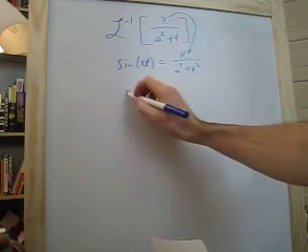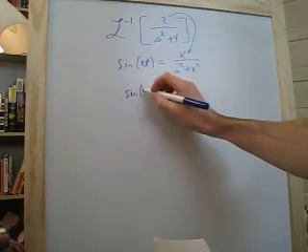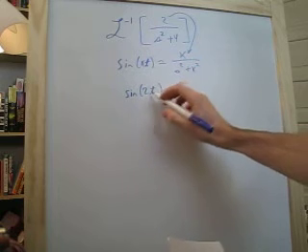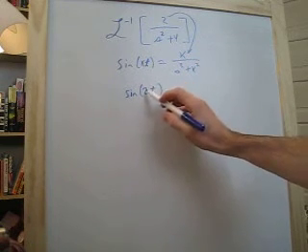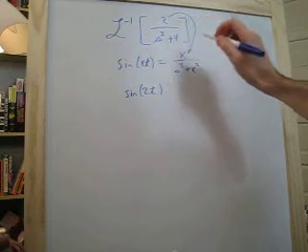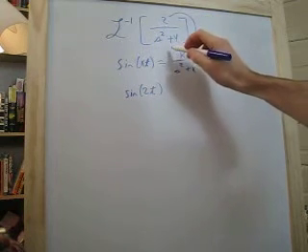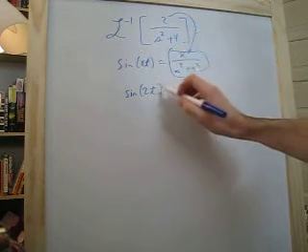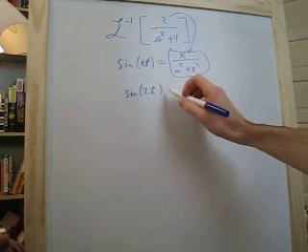So the answer to this would in fact look like this, sine of 2t, because when we take this 2 and plug it into this formula right here that we are given, we do come up with this.